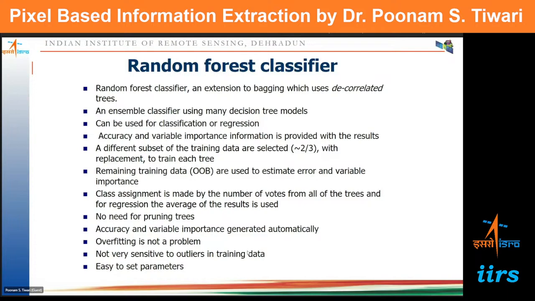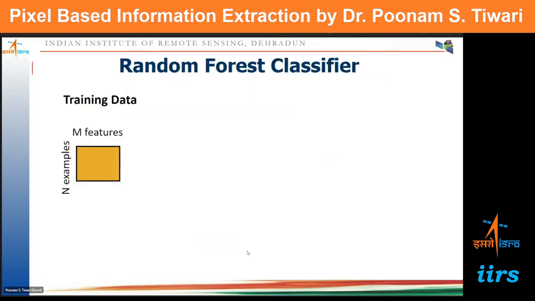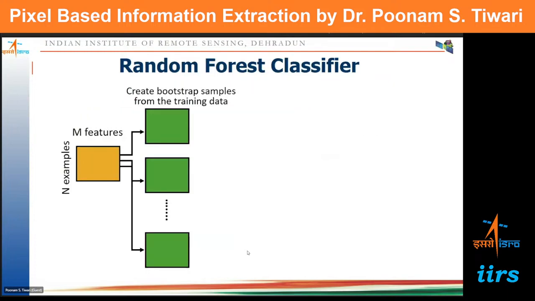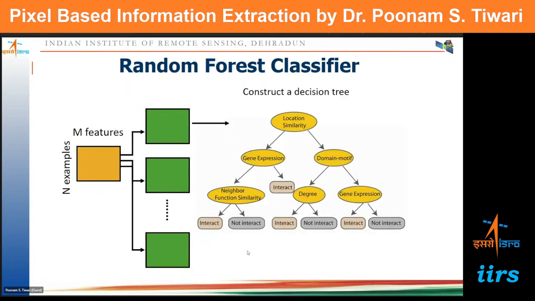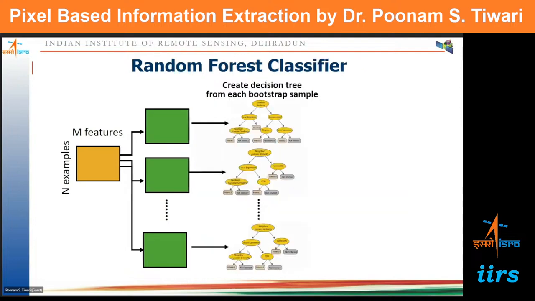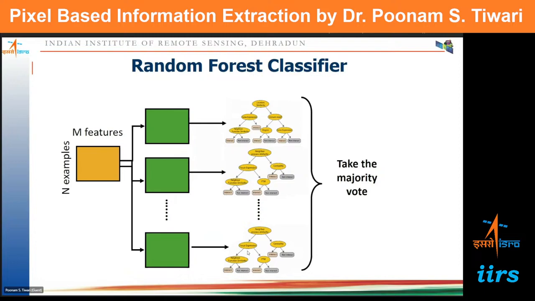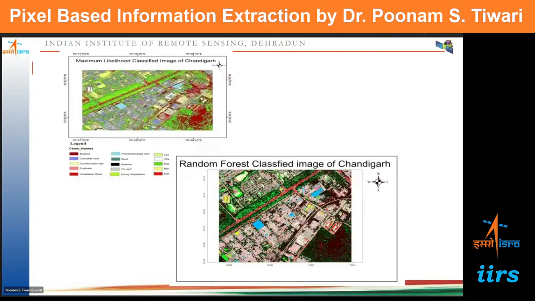So it is not very sensitive to outliers in training data, because the same training data is used by multiple trees. You can see this is how a decision tree is created. At each node, in choosing the split feature, create a decision tree from every sample, take the majority vote and do the classification.